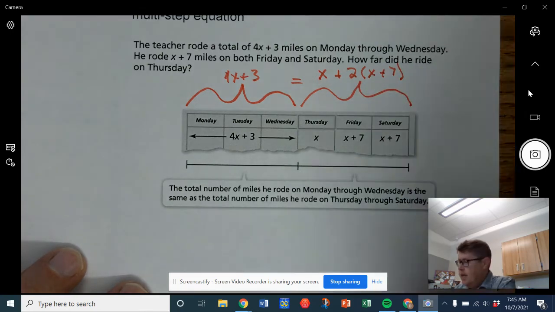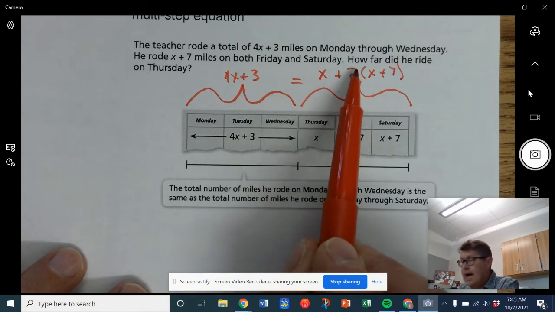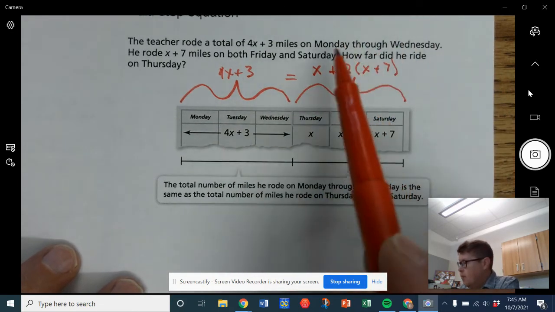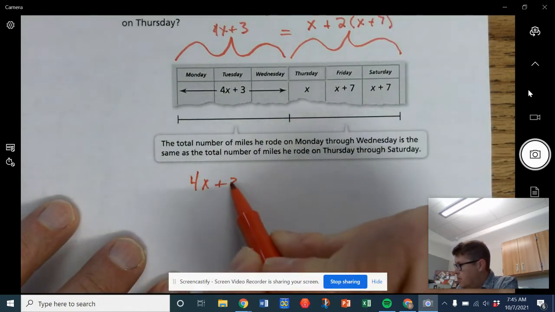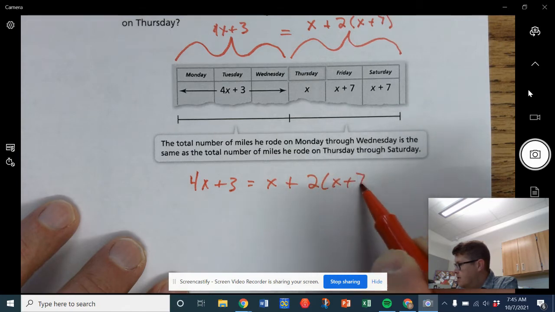So we have 4x plus 3 equals x plus 2 times x plus 7, all right? Now we want to get rid of those parentheses first, so I'm going to bring it down here. 4x plus 3 equals x plus 2 times x plus 7.